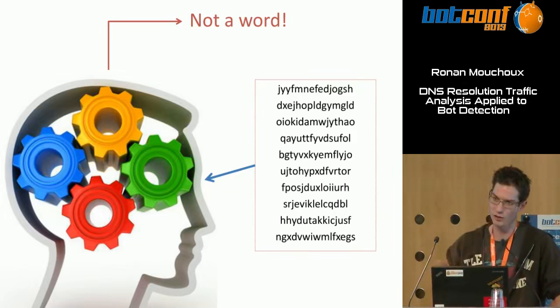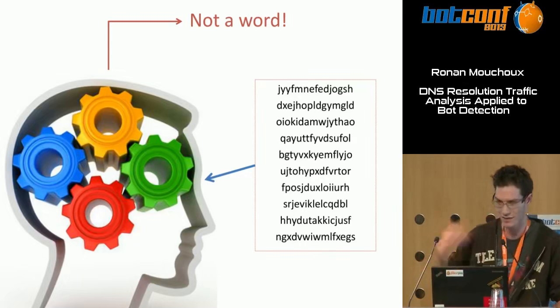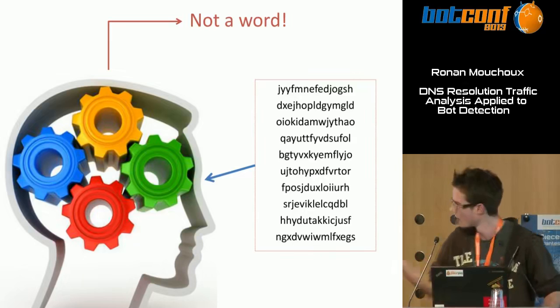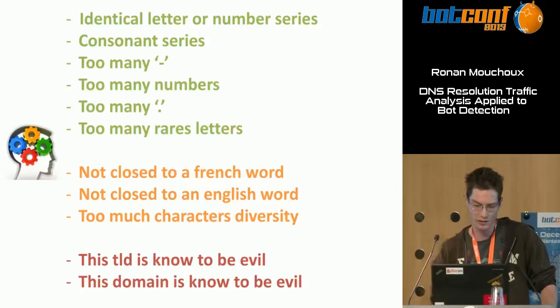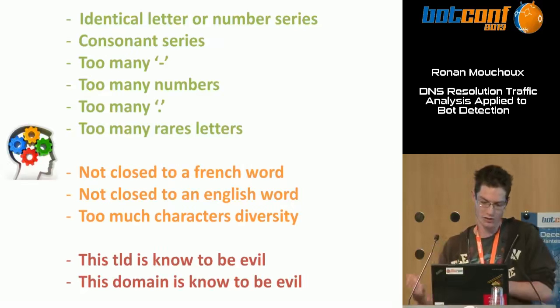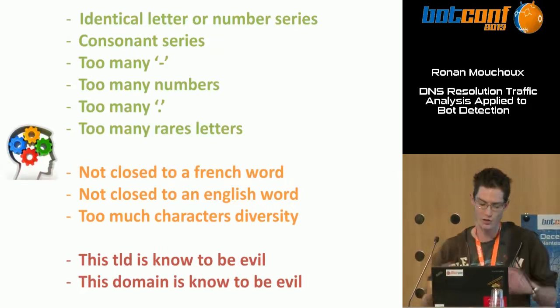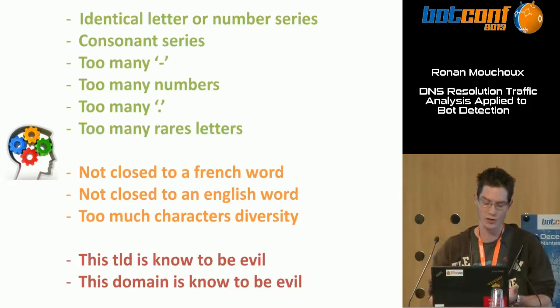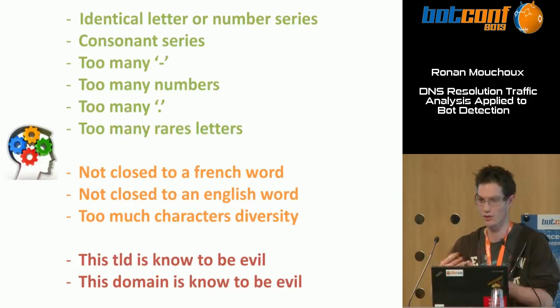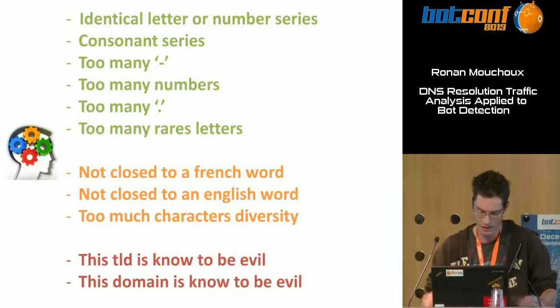So the idea was to code the process of our brain that comes to the conclusion that it's malicious. And for that, you can count the number of dashes. You can try to compute the percentage of rare letters. You can compare it to French and English words. It was in a French context, so if you have another language, you take another dictionary.